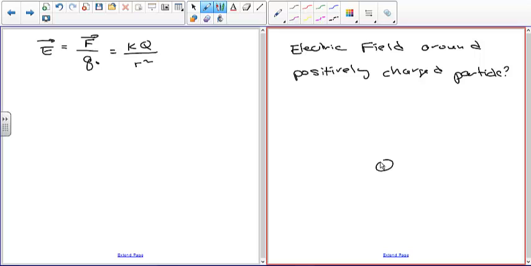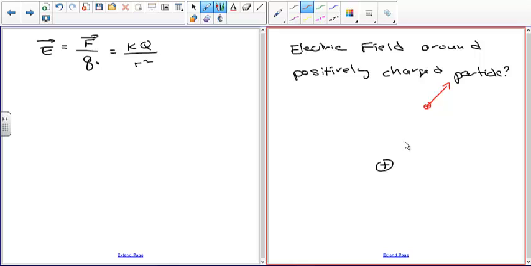So here's my positively charged particle. And here's my test particle, which is positively charged. The question is, what would be the force interaction between these two? Well, they're both positively charged, so the direction of the force vector is in that direction.